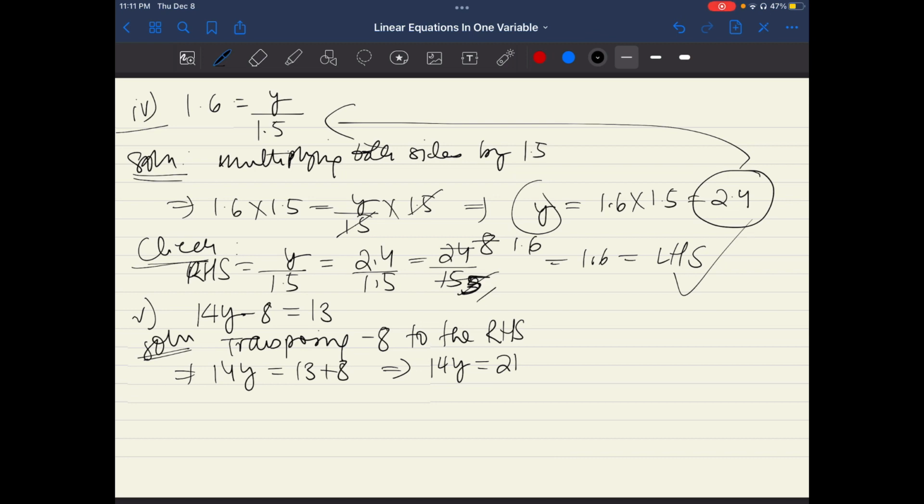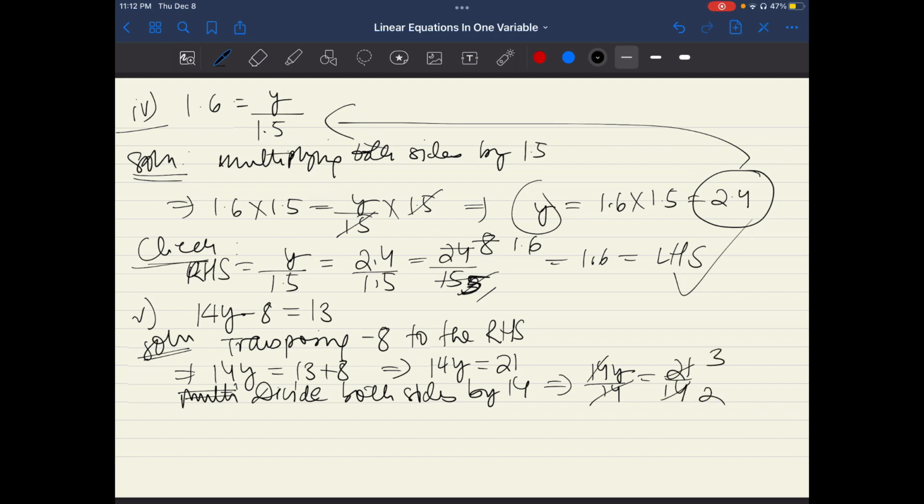And now the second mathematical operation we'll be performing on this one is divide both sides by 14, which will be 14y over 14 equals 21 over 14, which will be y equals 3 over 2.